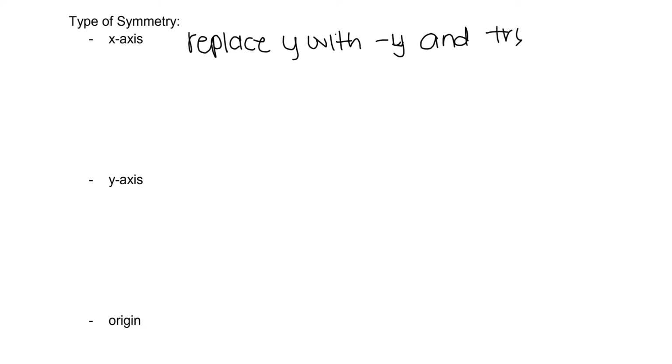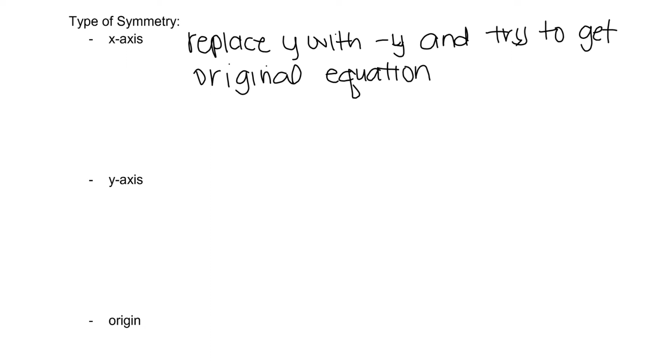To test to see if a function is symmetric about the x-axis, we're going to replace y with negative y and try to get the original equation. And if you can get the original equation, then you have symmetry about the x-axis.